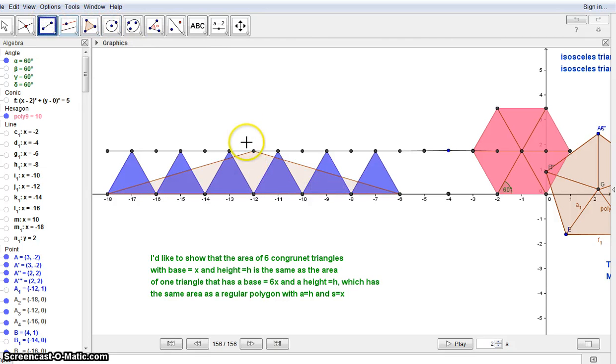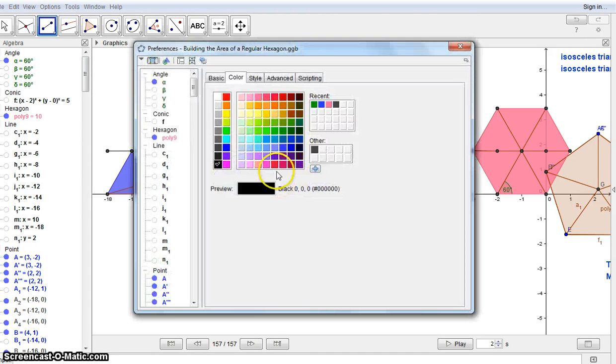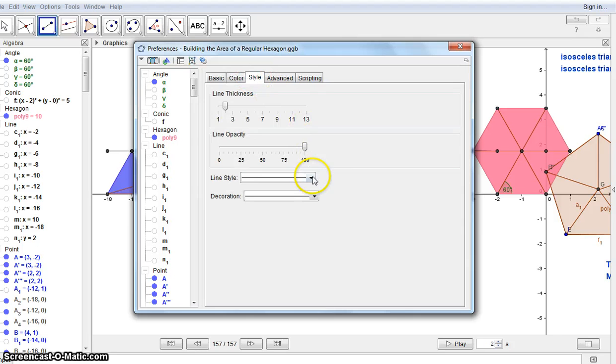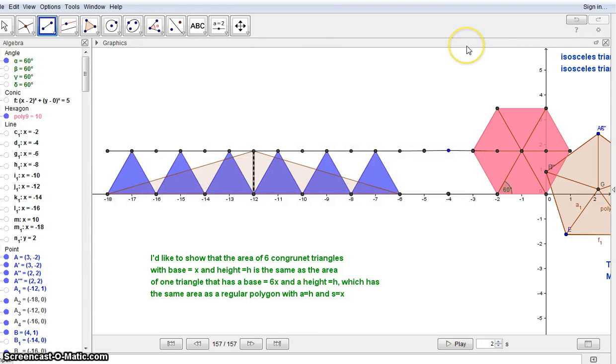I'm going to put a segment here that we can call H. Let's go ahead and make it a dotted segment just for the fun of it. I don't need that point, that was an accident.